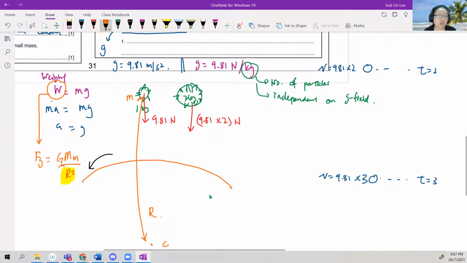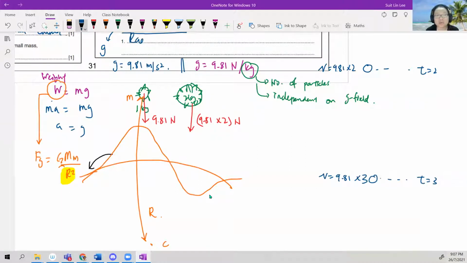Because we have Gunung Tahan and then we have Klang Valley. So the radius of the Earth is not uniform. It changes.